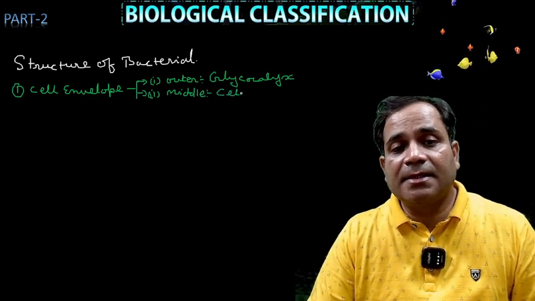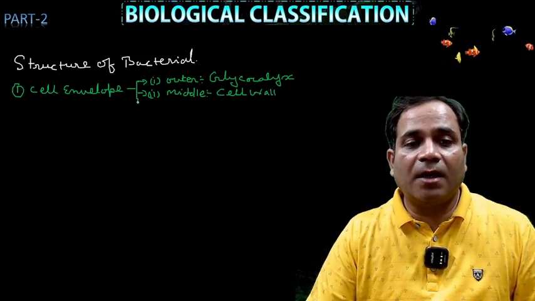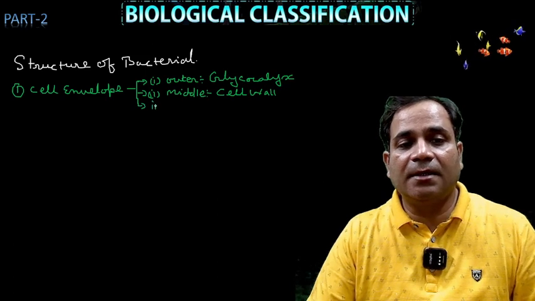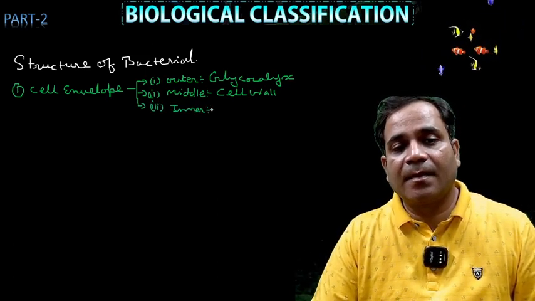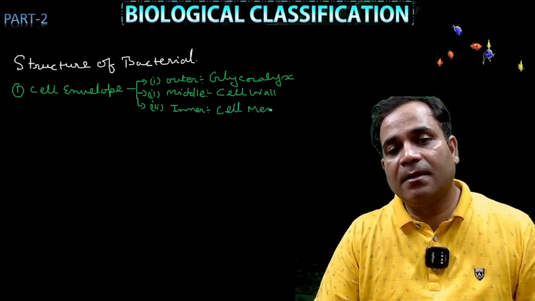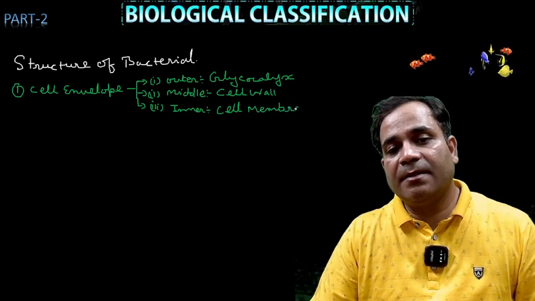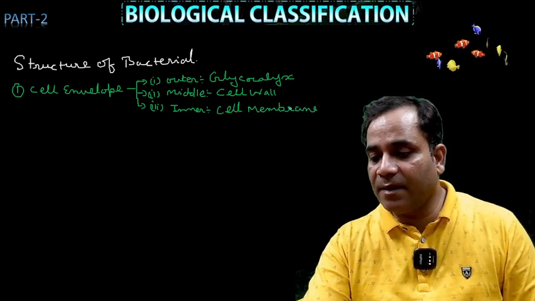Yes, that is cell wall. What I am saying, cell wall. And the innermost layer, the third layer, is the cell membrane. Together known as the cell envelope, my dear.